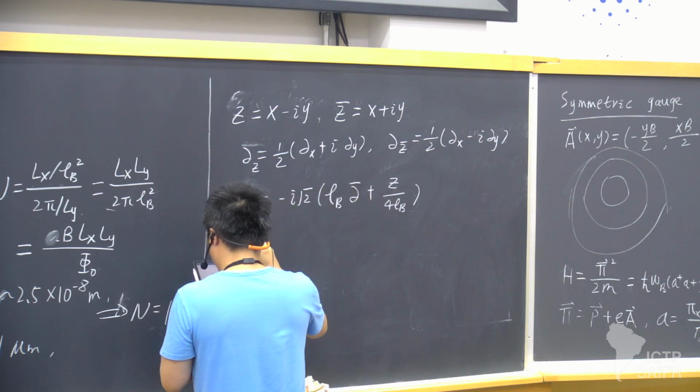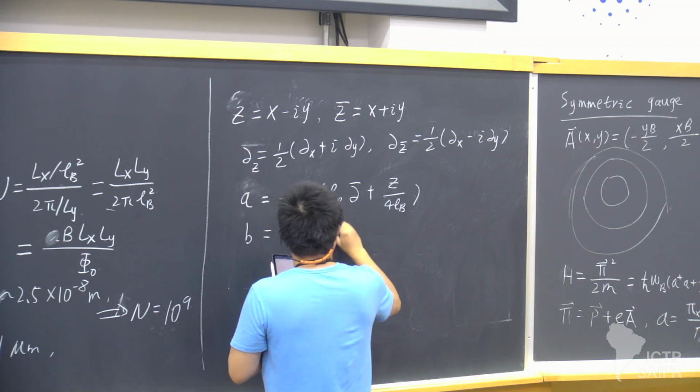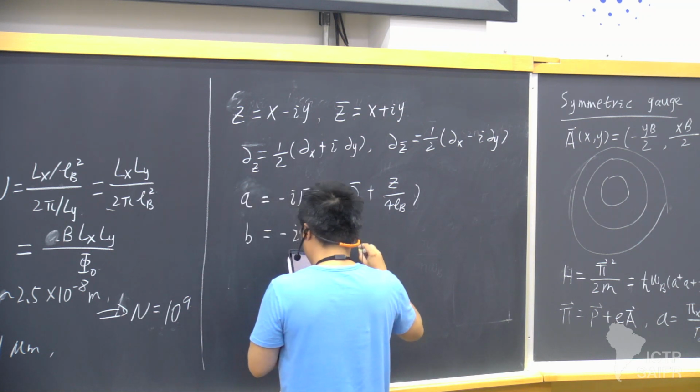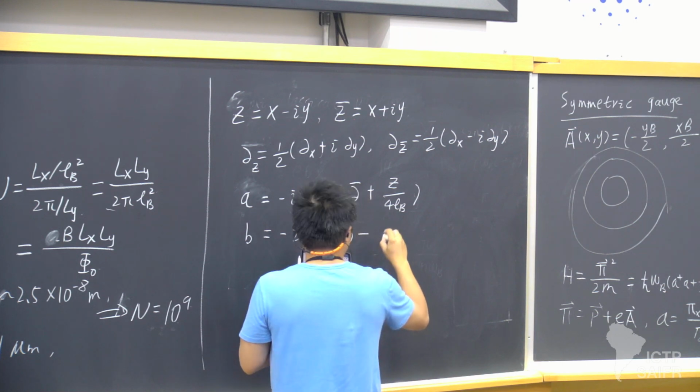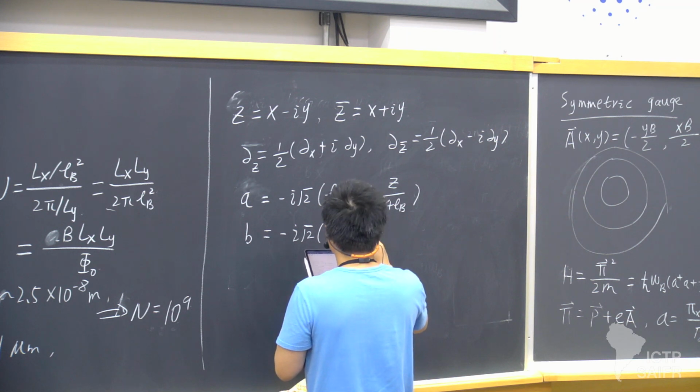And my B operator will be minus i square root 2 LB partial. Let me write it, please.